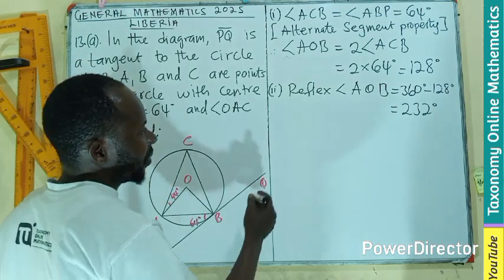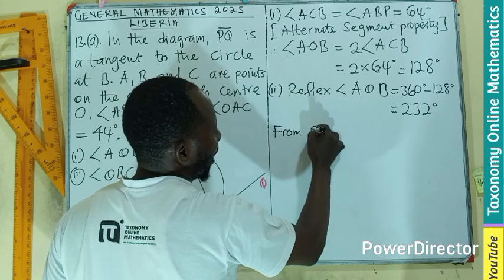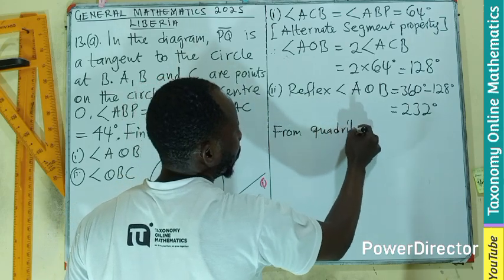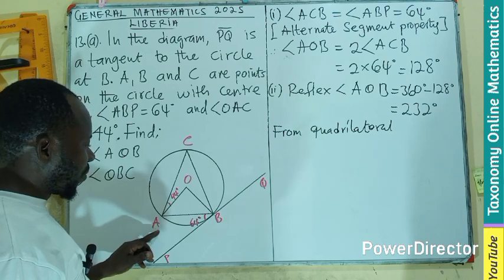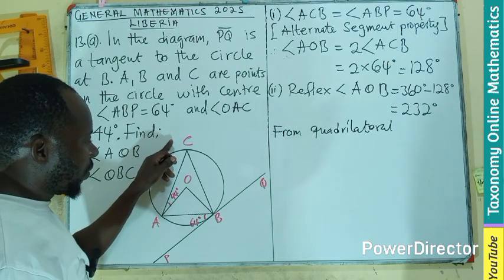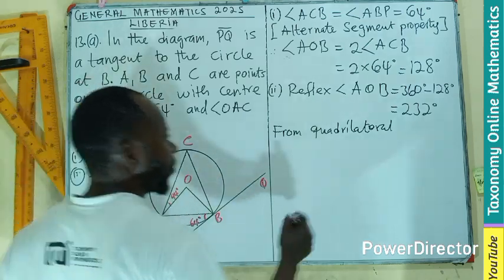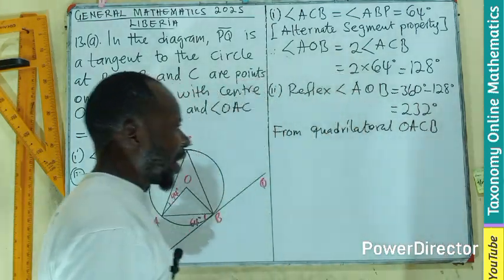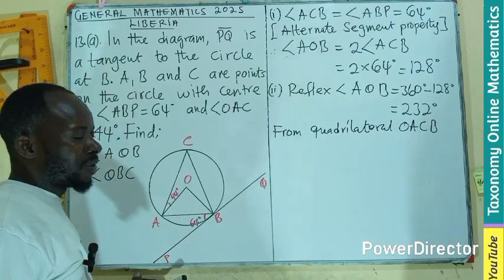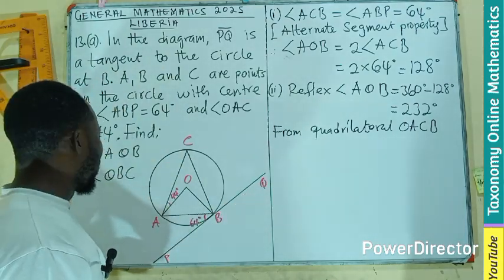Now from the quadrilateral O, A, C, B, if we add all the angles, I know the value of all the angles except the one I am looking for.